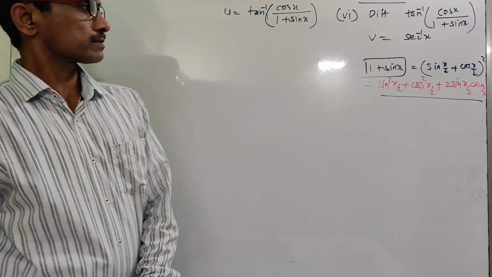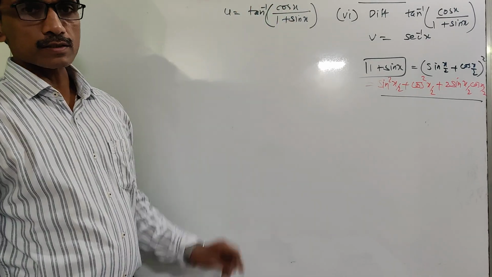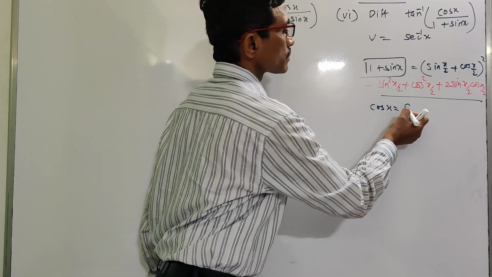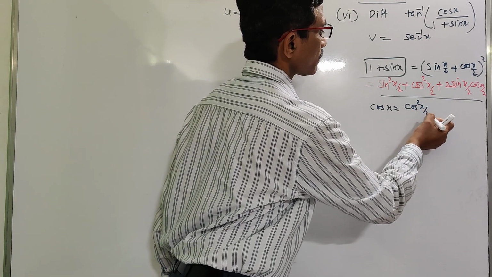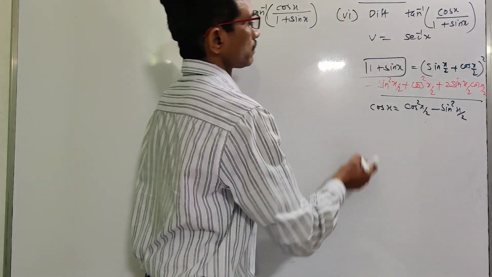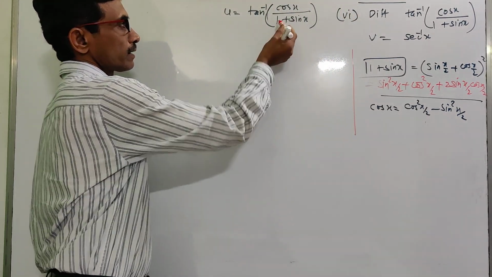So 1 plus sin x is sin x by 2 plus cos x by 2 whole square, and cos x is cos square x by 2 minus sin square x by 2. So we make this substitution over here.